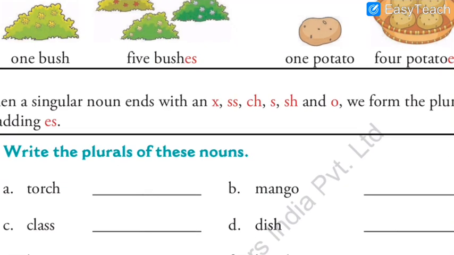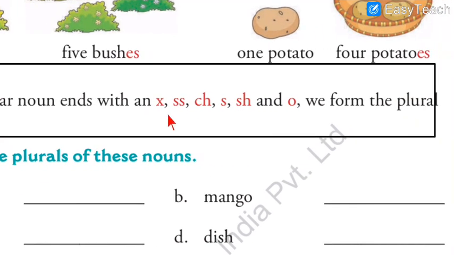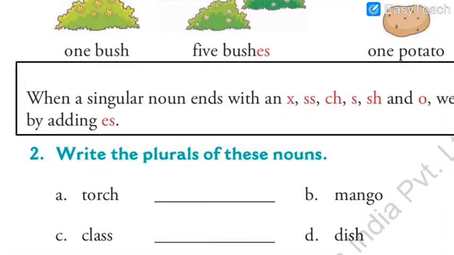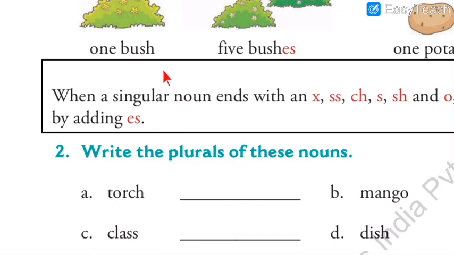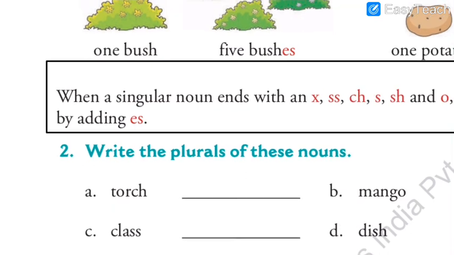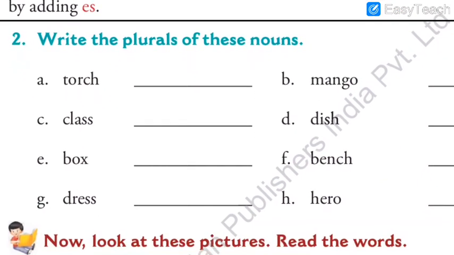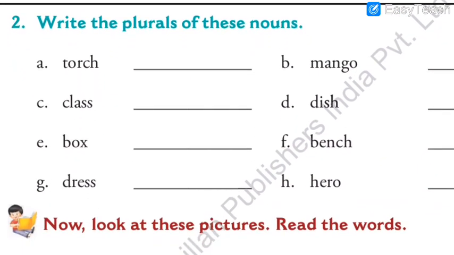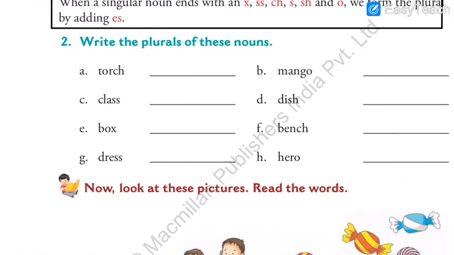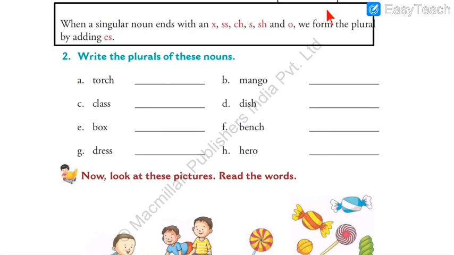If the word ends with any of these red colored alphabets, we need to put es at the end of the word, then we will be able to form the plural of that word, correct? So this formula we are going to implement on the exercise number 2.